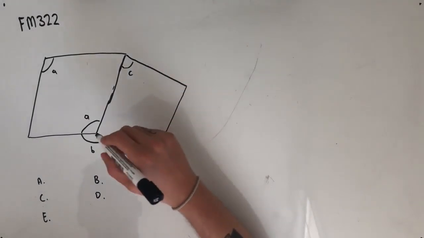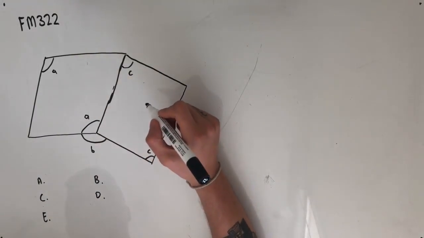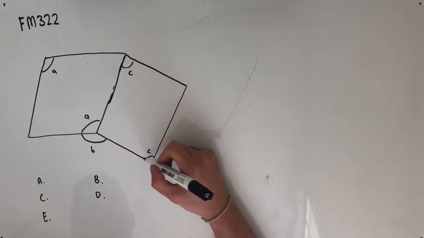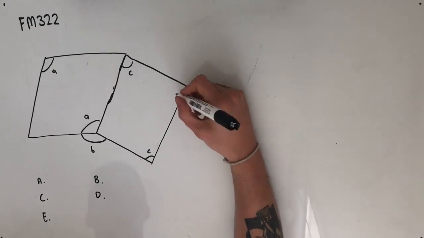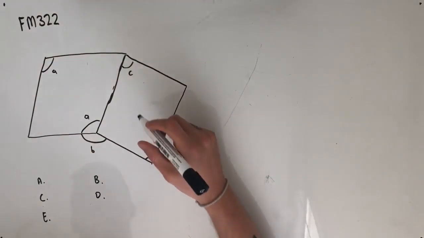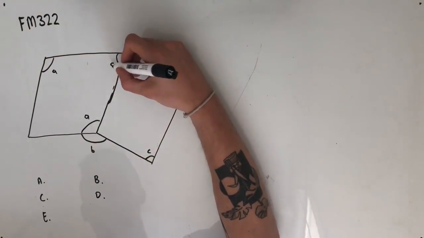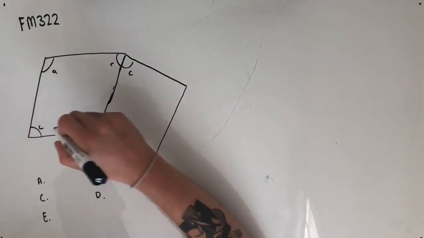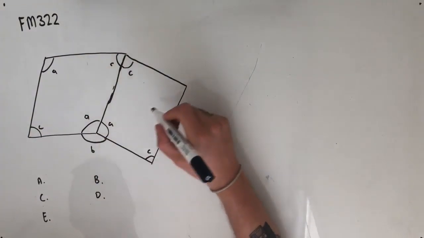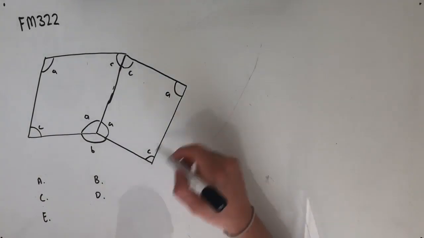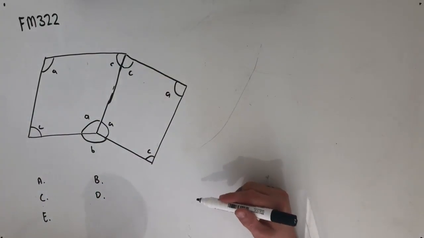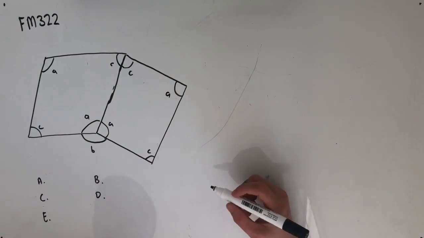So what we know now is that the acute angle has a value of C, and the obtuse angle within our parallelogram has that angle A. Because they are the same parallelogram, we can overlap them and create this, which gives us a lot more to work with when going through these equations, trying to figure out which one's wrong.